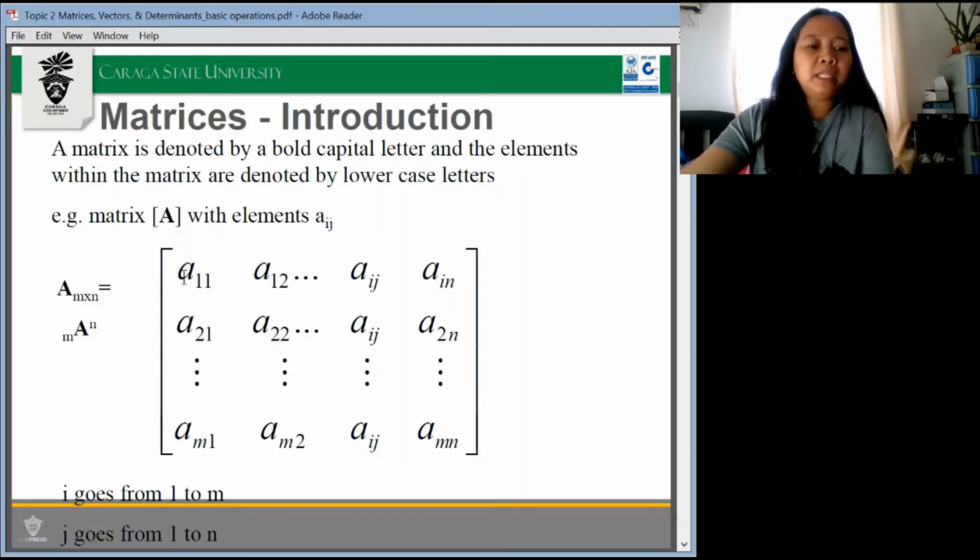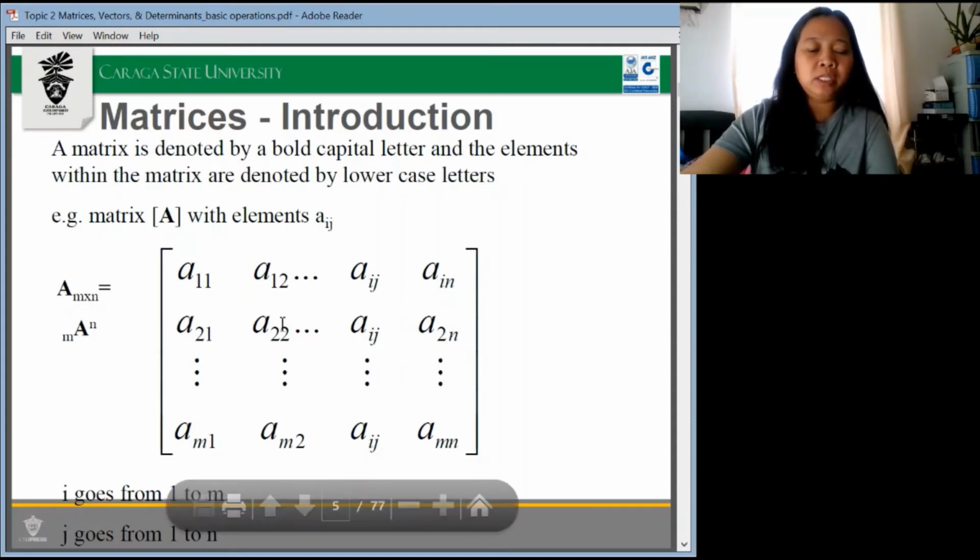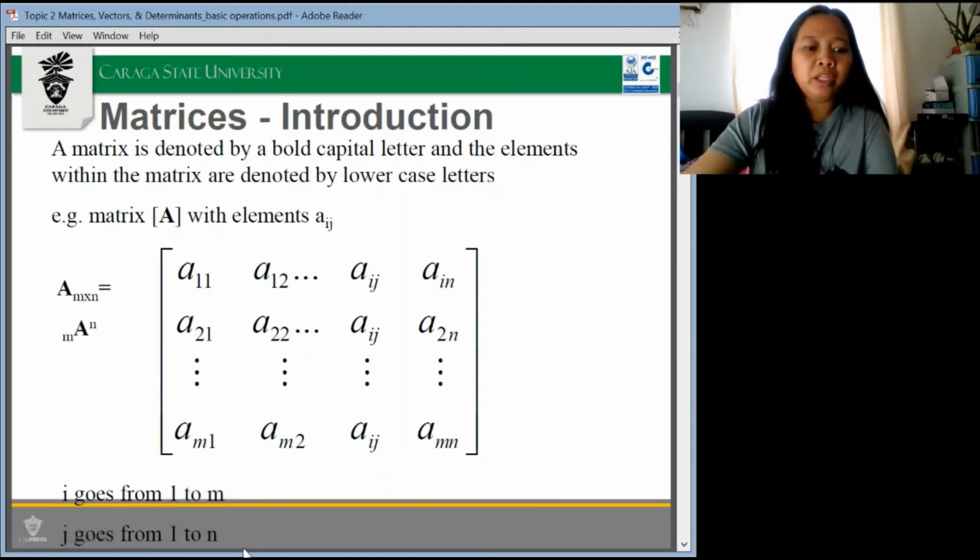It only means that element a1,1 is found in the first row and the first column, while element a2,2 is found in the second row and the second column. I goes from 1 to m, and j goes from 1 to n.